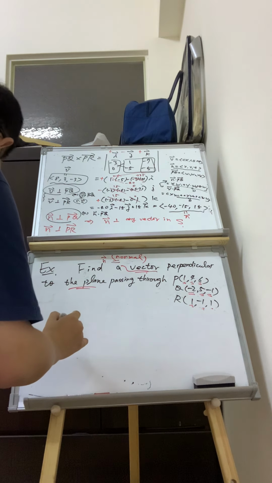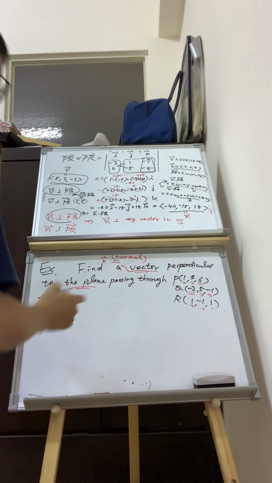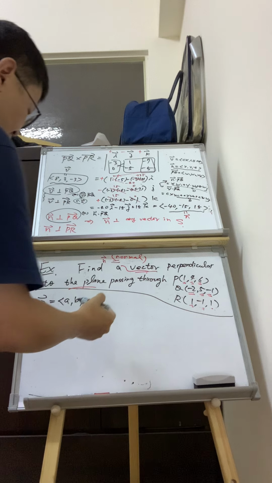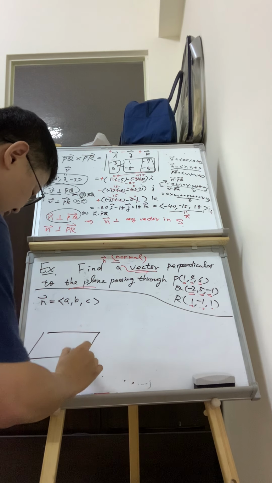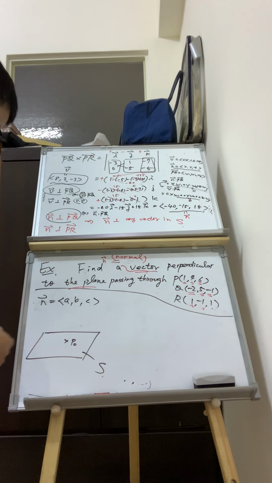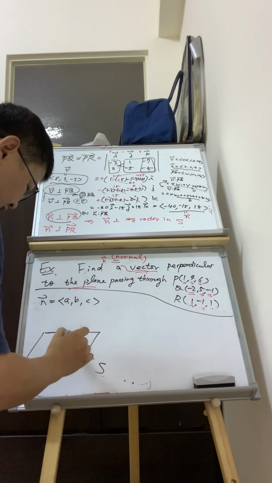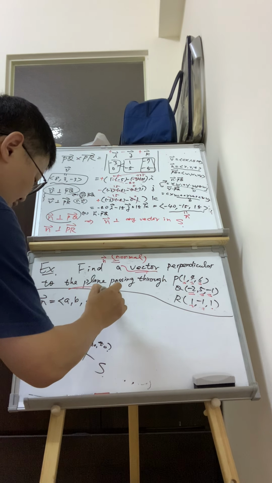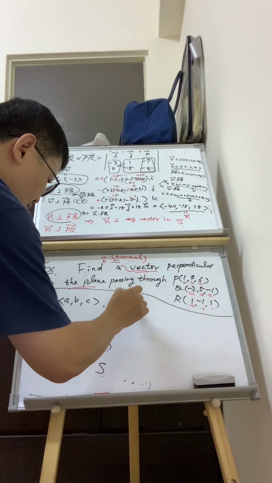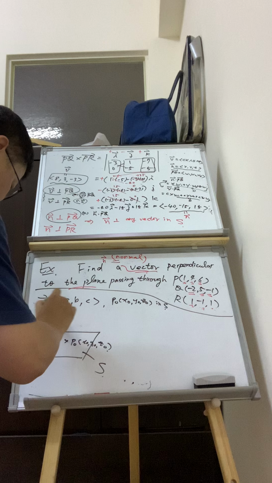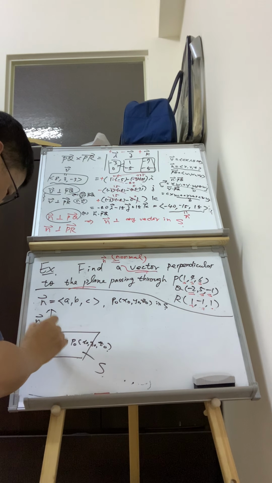If we have a normal vector, a vector perpendicular to the plane S, and I also give you a point P0 = (X0, Y0, Z0) in the plane S, and the normal vector N.